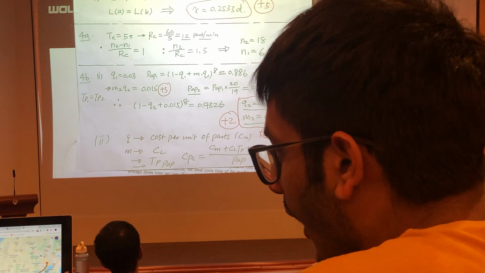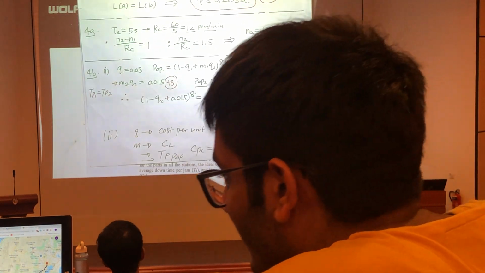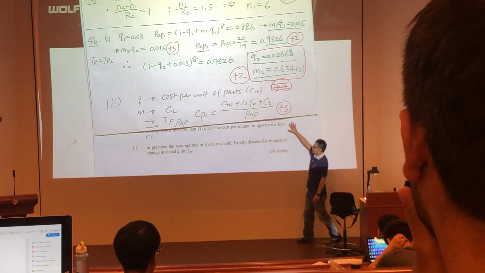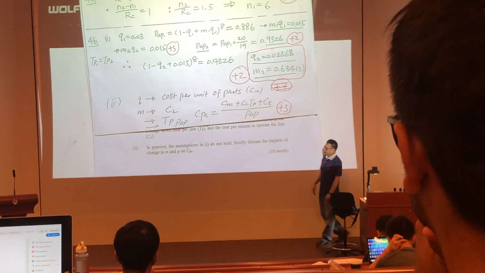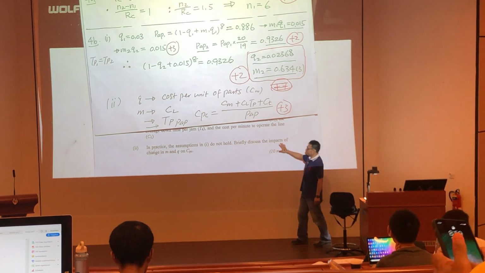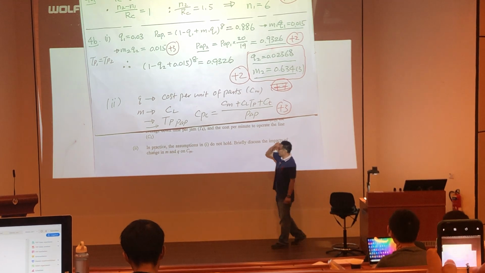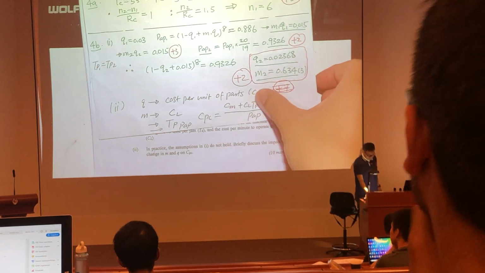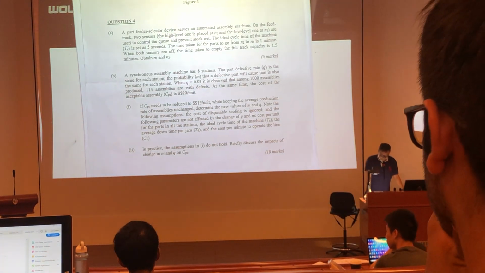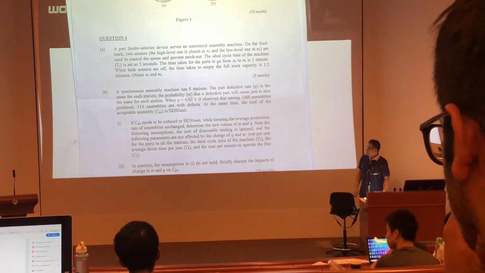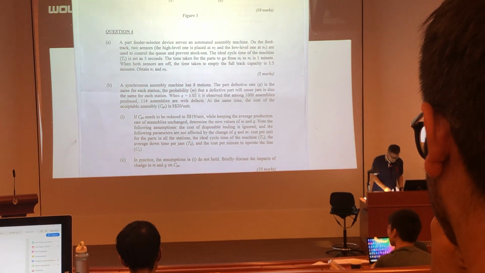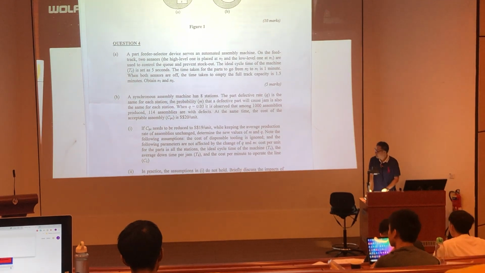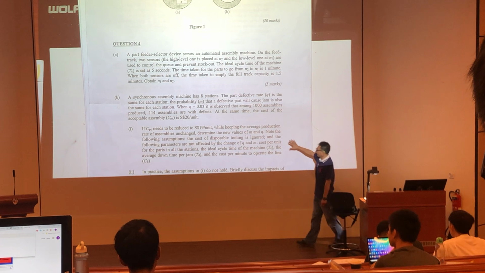Okay, second part of the question. In practice, the assumptions here we know do not hold. Briefly discuss the impacts of the change in M and Q on CPC. This one, the answer is actually related to part one.